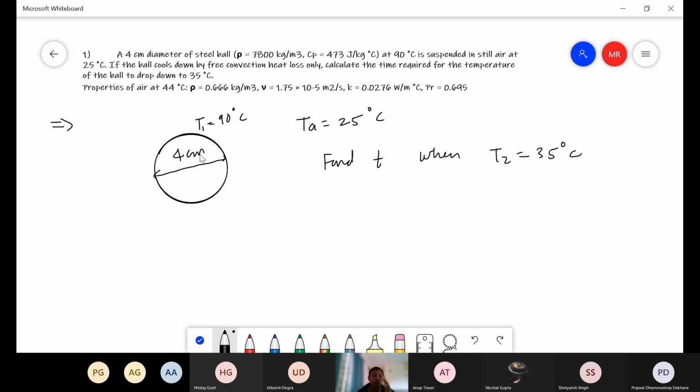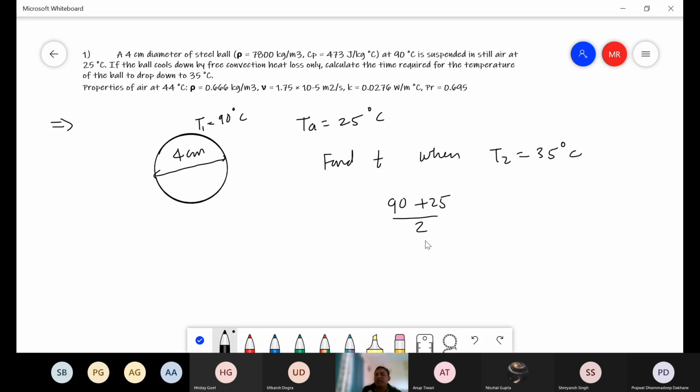So in this case, initially the ball is at 90 degrees Celsius and the ambient is 25 degrees Celsius. So initially the average will be 90 plus 25 divided by 2, isn't it? Do you all agree? That is the surface temperature of the ball initially, and the ambient temperature is 25 degrees Celsius.